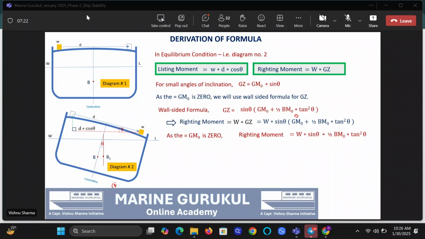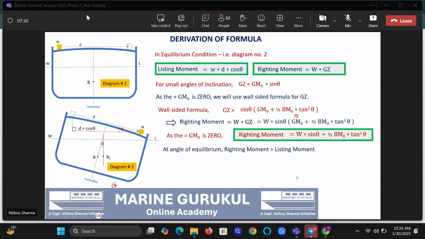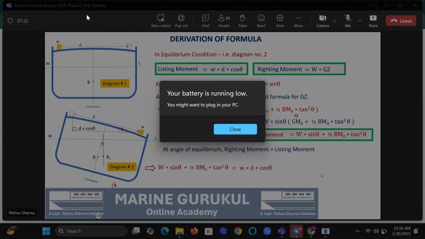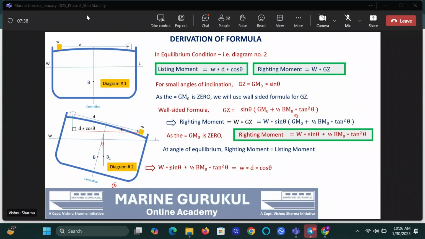Now, guys, at the angle of equilibrium, the listing moment and the righting moment are equal, so we'll equate them. If you take the cos theta to this side, sine theta upon cos theta will become another tan theta, and there is already tan square there, so it will become tan cube theta on this side. The rest of everything we transpose to the other side.